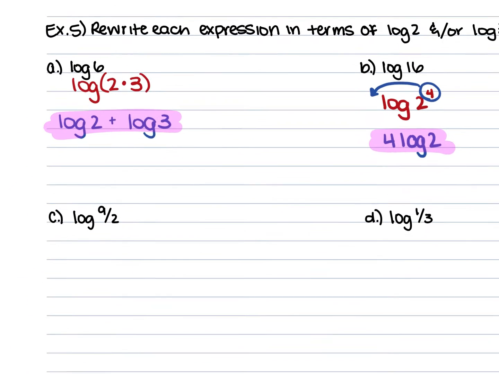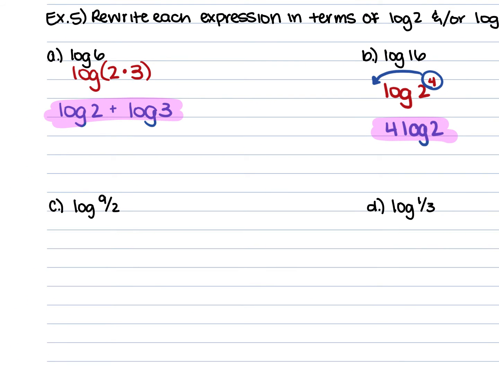For example C, you have log 9 over 2. Remember, fractions are the same thing as division. So this is also log 9 divided by 2. Think to yourself, what represents division? Subtraction. So this is also the same as log 9 minus log 2.